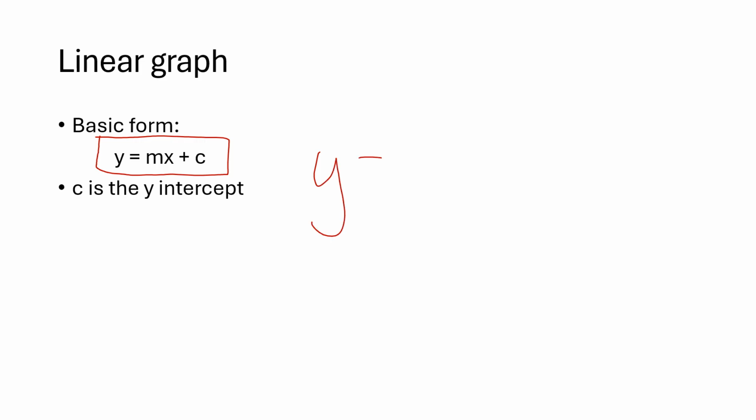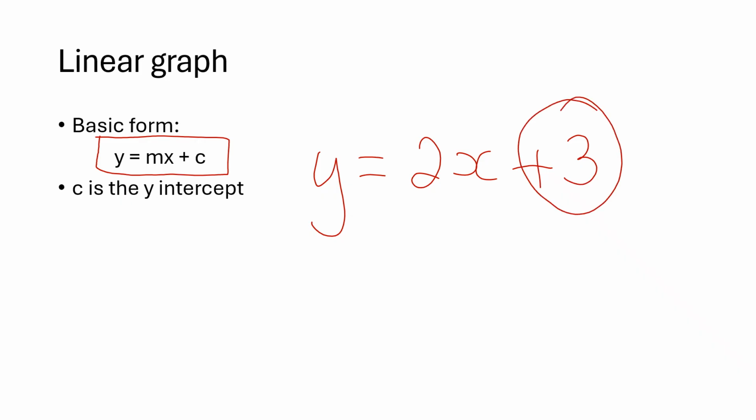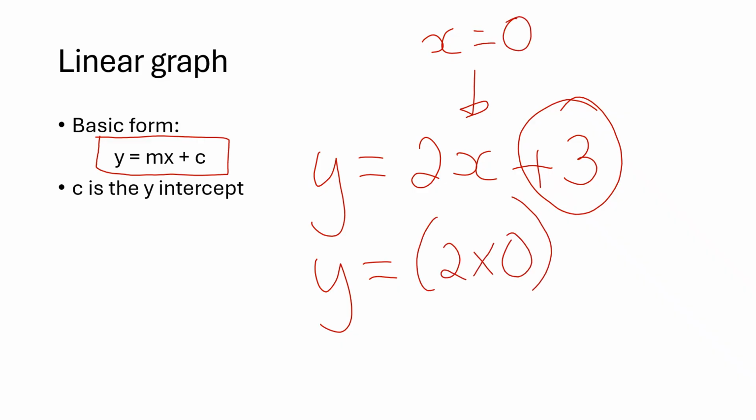So if I have y equals 2x plus 3, plus 3 would be our y-intercept, because when we say x equals 0, we'll have 2 times 0 plus 3. This is 0, so we'll have y equals 3.